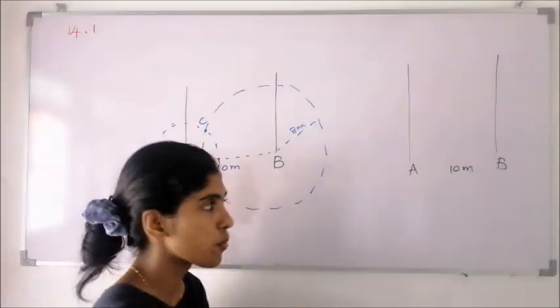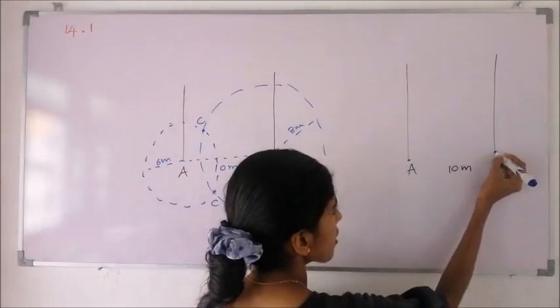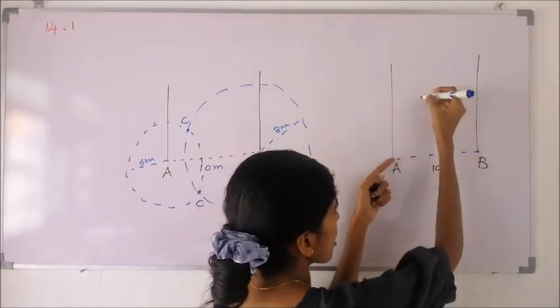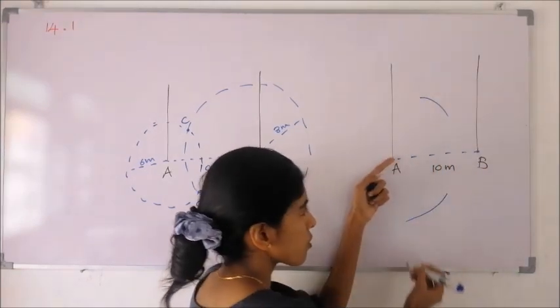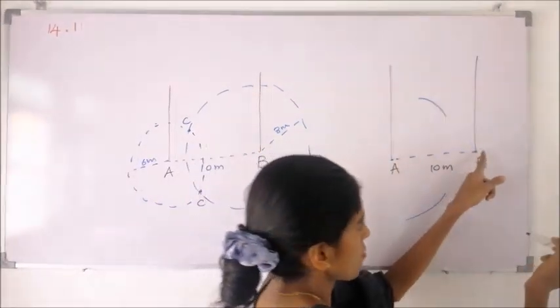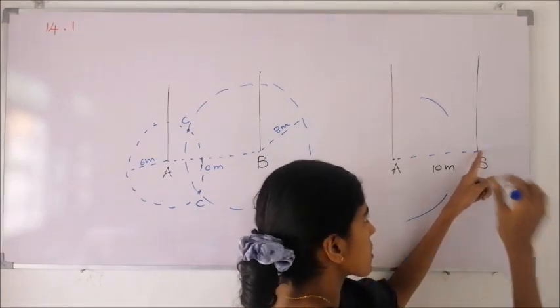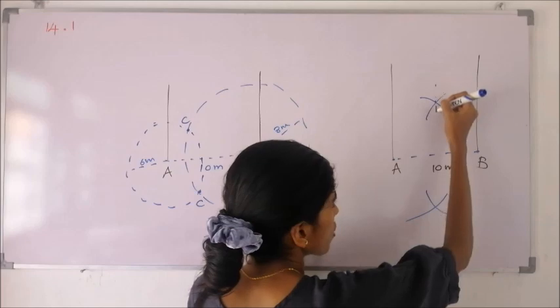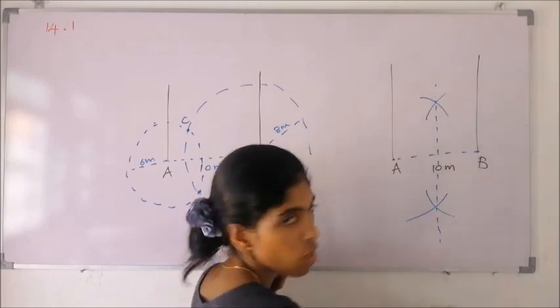Okay, equidistant, so you can join these 2 points. Then keeping the middle point at A, you can draw 2 arcs up and down, or else draw a full circle. Then from point B, same distance, draw another 2 arcs. By joining these 2 points, we get the locus.